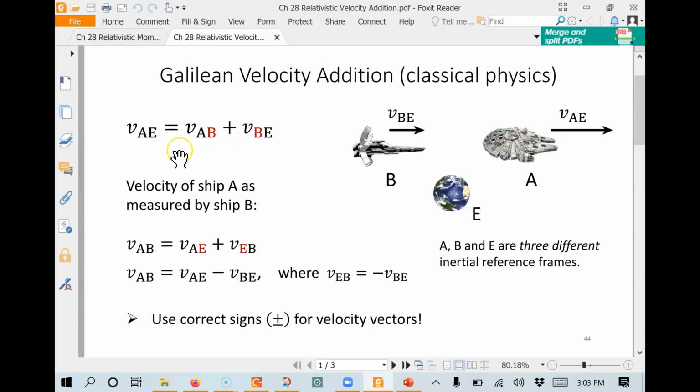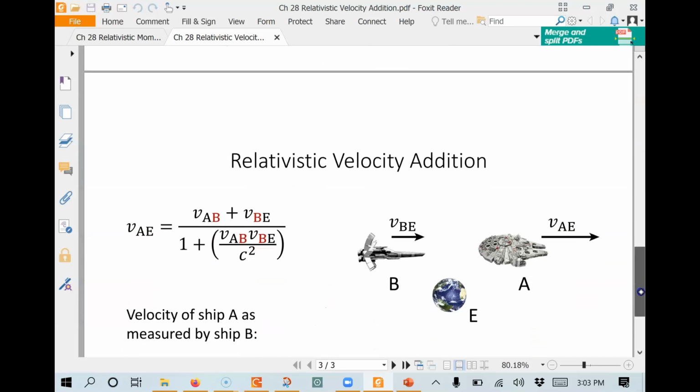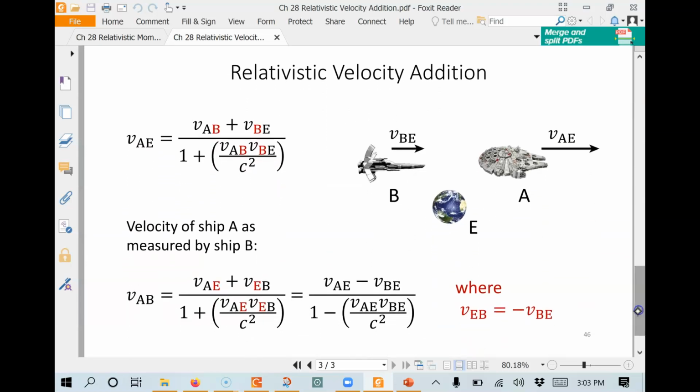The same work applies. Now if we want to reverse any of these subscripts, like the velocity of Earth as seen by spaceship B, well, if we reverse the subscripts, we just get a minus sign, because for the Earth observer, the spaceship's going the same speed but in the opposite direction. Now let's flip ahead to Einstein's formula, which is correct for any speed.